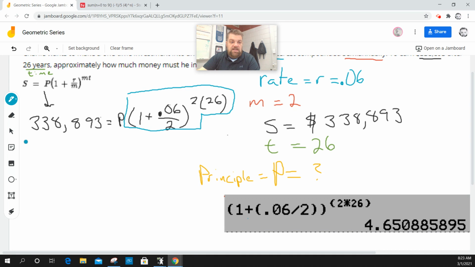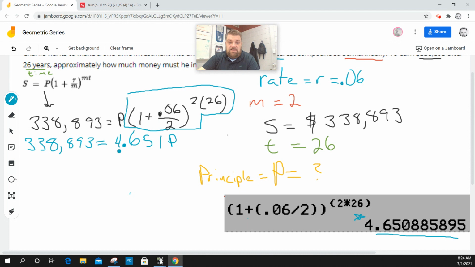That means that in my next line, I've got 338,893 is equal to, so all this reduced down to this number. So I'm going to take this number and plug it in, but I'm going to put the number in front of the P because really it's P times this number right here. That's it. So I'm going to simplify that to 4.651 times P.